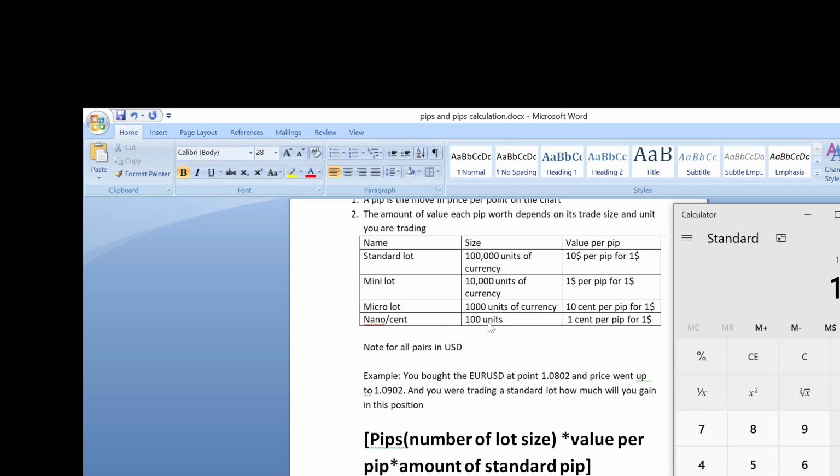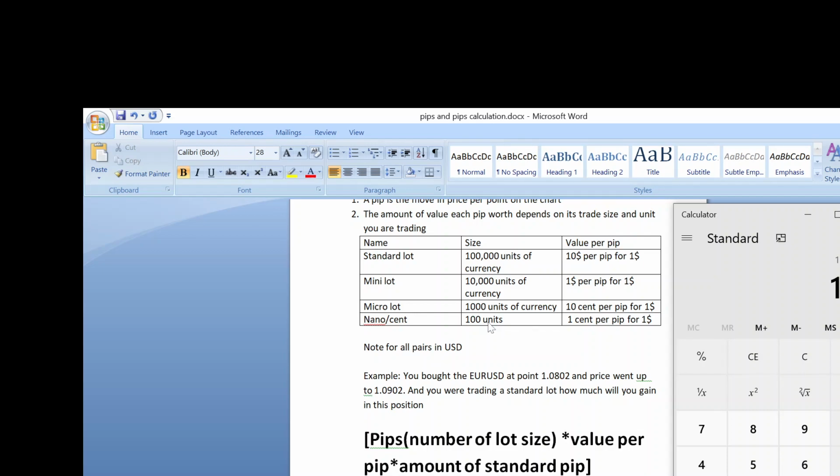Let me do it very well so that you understand. Lot size, times lot size, times amount of standard pips. I think it's easier like this. So let's start again from the beginning. I'm taking my time to explain so that you get the concept.